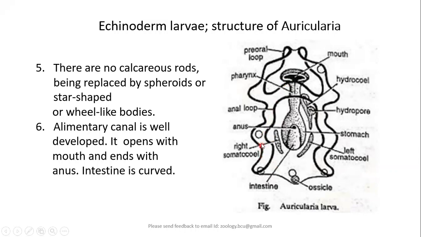Here, these are replaced by spheroids, circular or star shaped structures or ossicles. The alimentary canal is also well developed, just like in the case of Bipinnaria larva. It opens with the mouth at the anterior end, and at the posterior end it has its own anus. But here the intestine is curved.